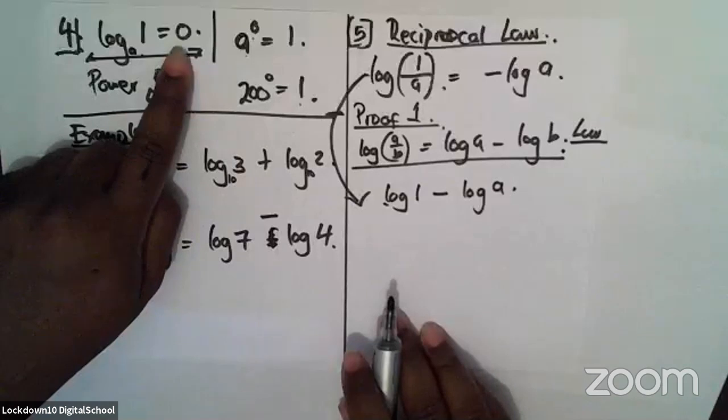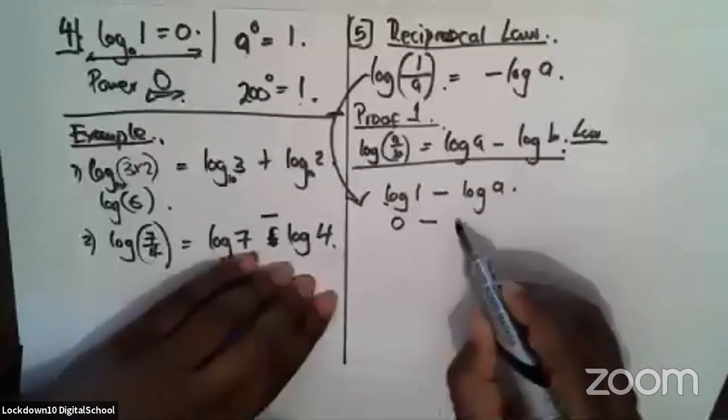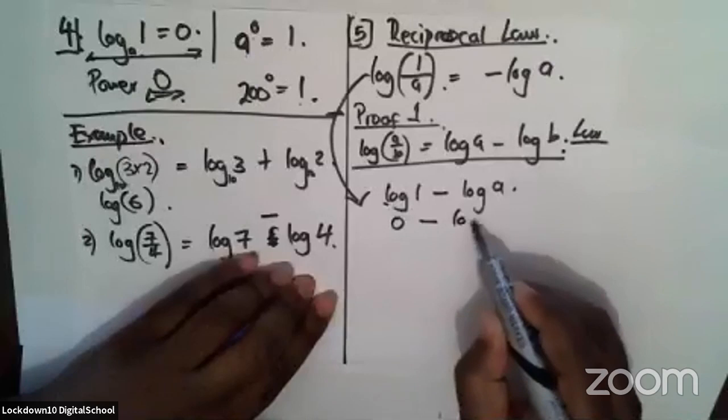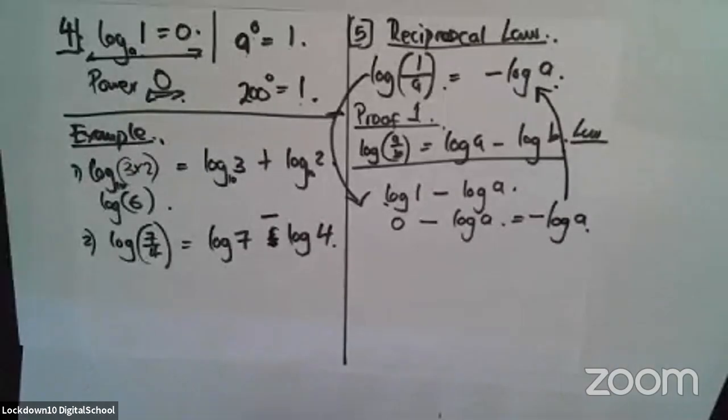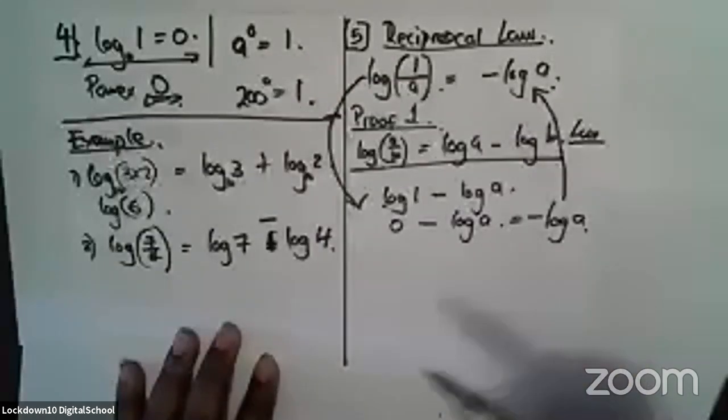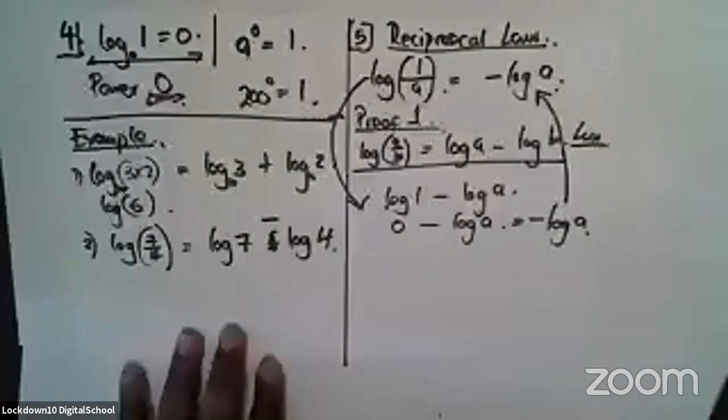So this becomes 0 minus log a, which we can simply write as minus log a. That is what I was saying: some of the laws are generated from our main laws. Okay, this is proof number 1.